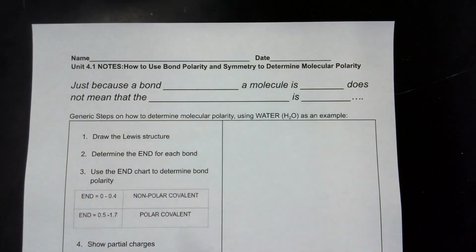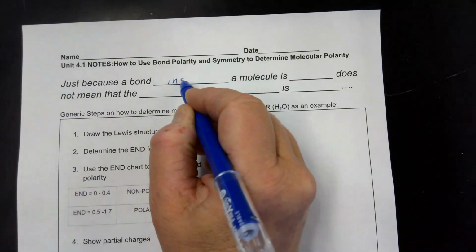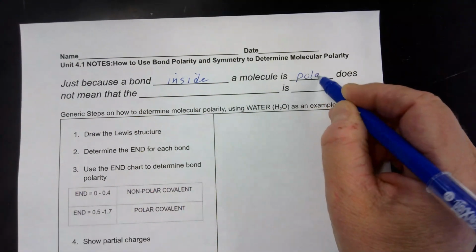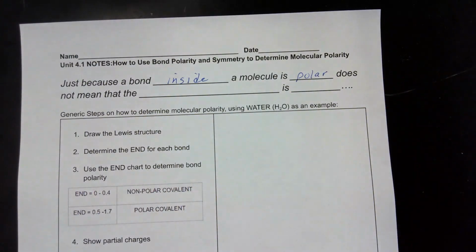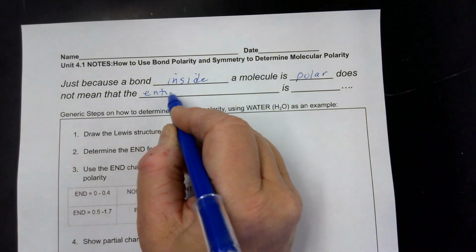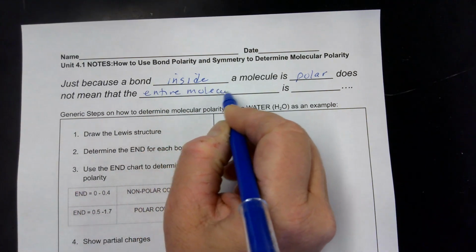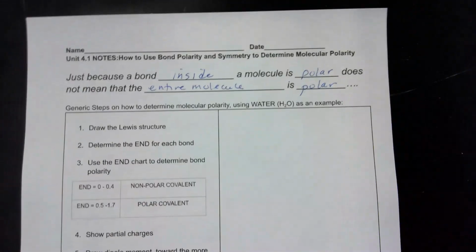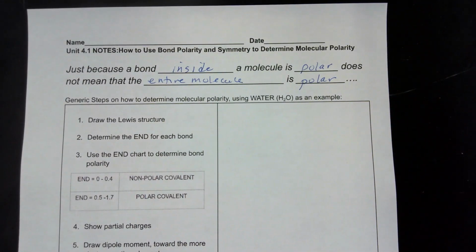Because it turns out that just because you have a bond in the molecule that's polar, it does not mean that the entire molecule is polar. So we need to do a little bit more work to help us figure out the polarity of a molecule.